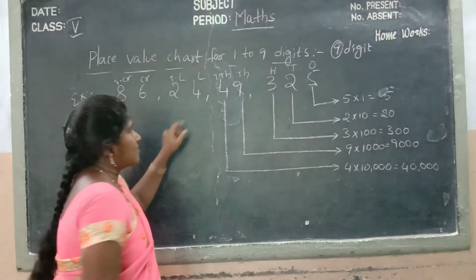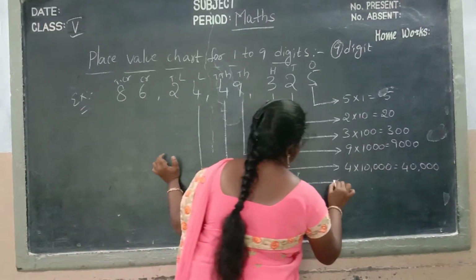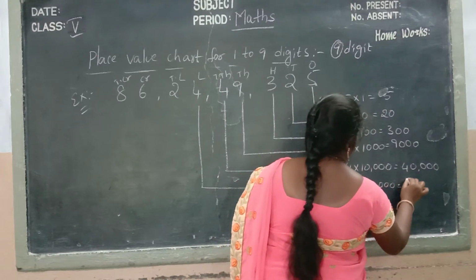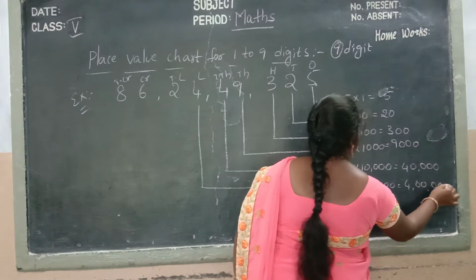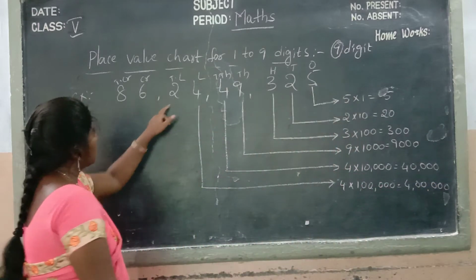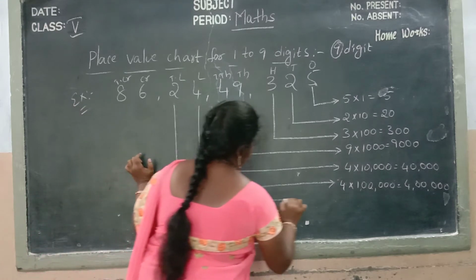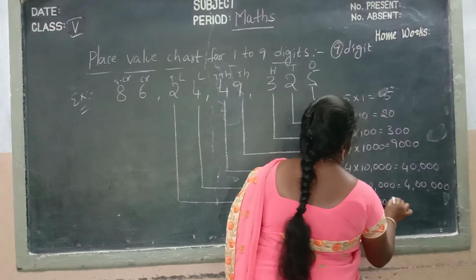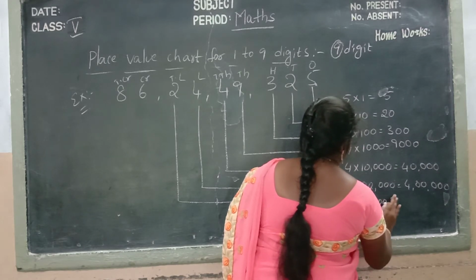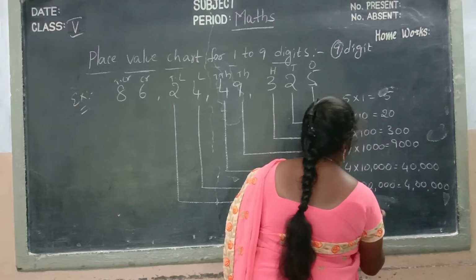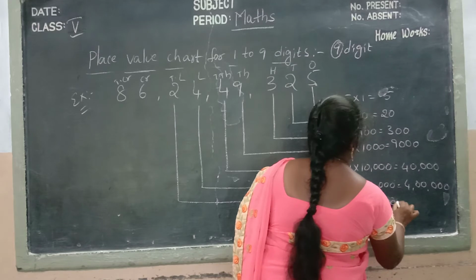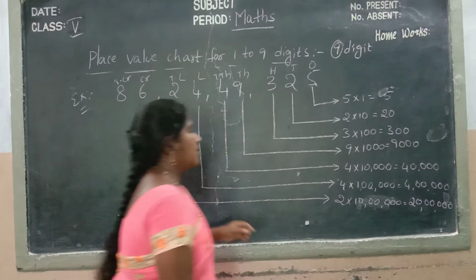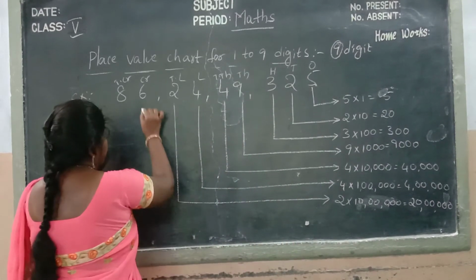Next goes to lakhs. See children, 4 is in the lakhs place. 4 into lakh means 4 lakhs. Next goes to 2 into 10 lakhs, means 20 lakhs. Next goes to crores.